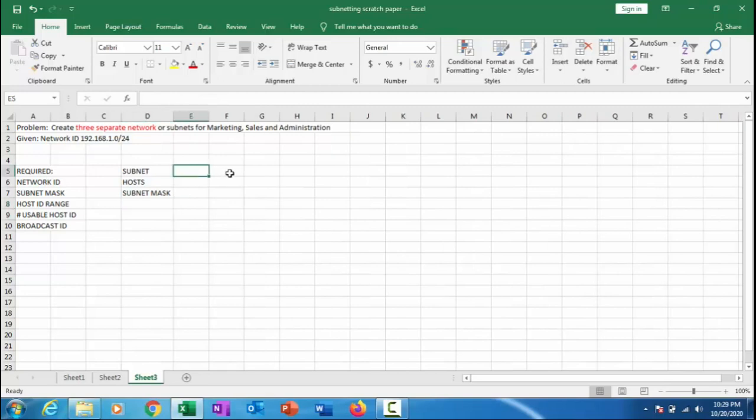For the subnets, we start with 1, 2, and then we just keep multiplying by 2.